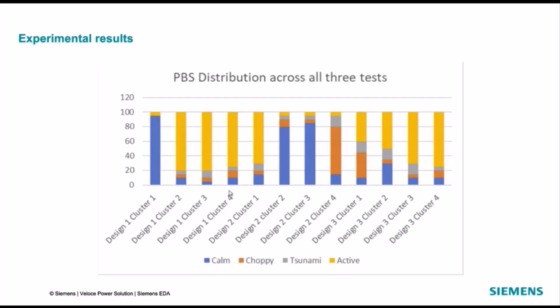And if I pick another one, for instance, this one, design 2 cluster one, I have some calm area, I have some choppy, quite a lot of tsunami and quite a lot of active region. And if I look at this one, it has a lot of choppy. So I can now look at this one for different power optimization, different power scenarios that I want to work on for my IP.